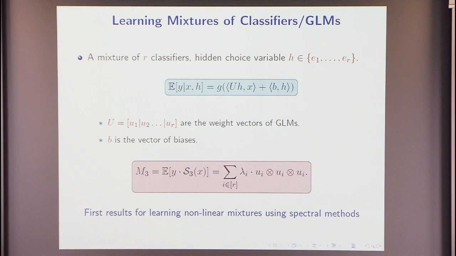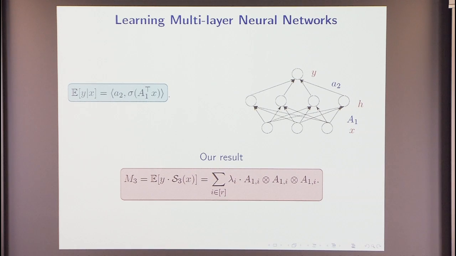And you see here that even to learn this conditional model of the label given the input, we need input information. We need information about the input distribution. That is critical to learning these conditional models. The other result we are very excited about is learning multi-layer neural networks. Here I'll just show the 2-layer one, the more general cases are involved.